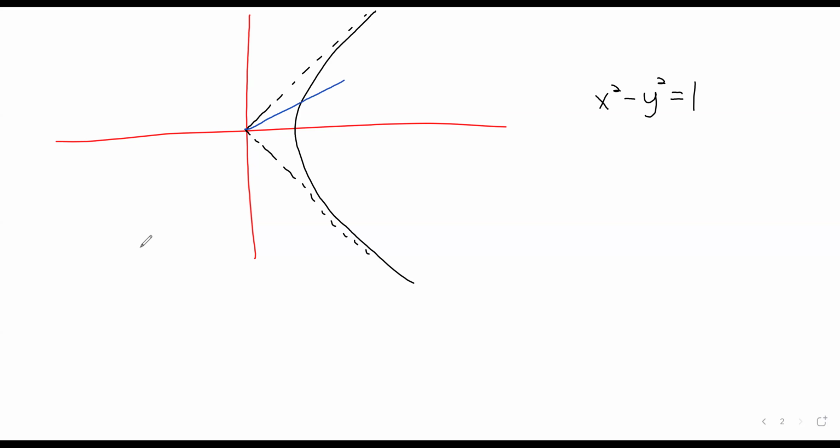And just like with the unit circle and the sine and the cosine, we draw lines and we look at where the line segment hits the curve, and we give those names. We call them the hyperbolic cosine and the hyperbolic sine.